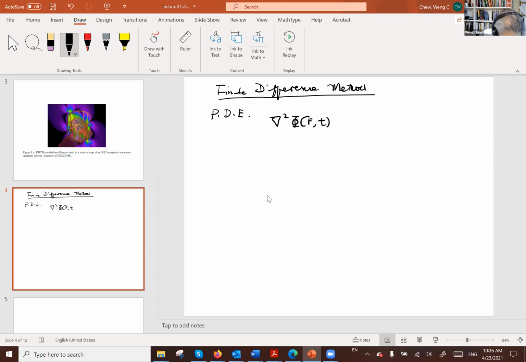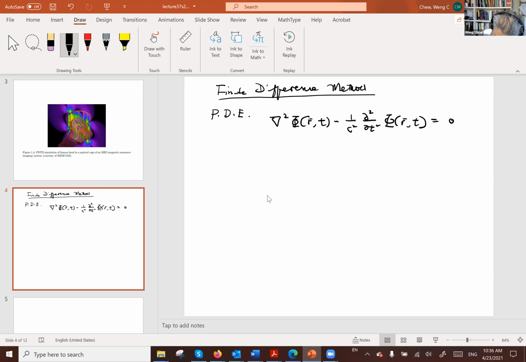Say the scalar wave equation is something of this form. How can we solve this scalar wave equation? The way it is written, the computer cannot talk to this scalar wave equation. We have to convert this equation so that it can be fed to the computer so as to obtain the solution to this scalar wave equation. And the best approach is to do it with the finite difference method.